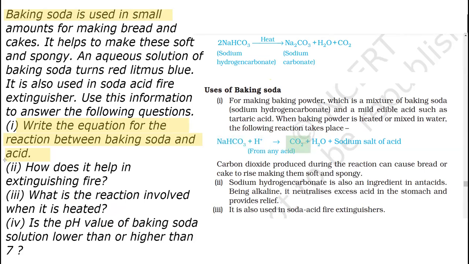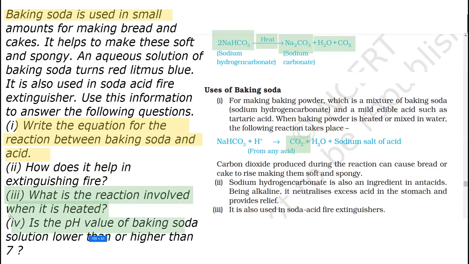This carbon dioxide, as you know, is an extinguisher of fire, a non-supporter of combustion. That's why we say it is responsible as a fire extinguisher. The third part: what is the reaction involved when it is heated? When sodium hydrogen carbonate is heated, it results in the formation of sodium carbonate, water, and carbon dioxide.